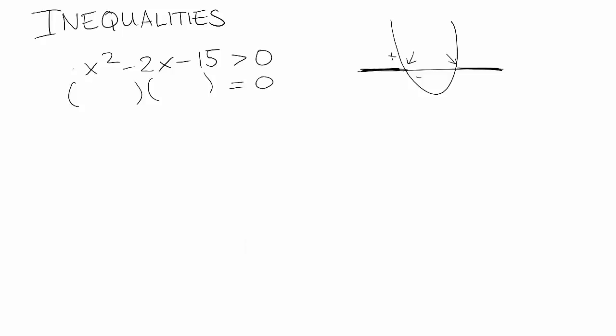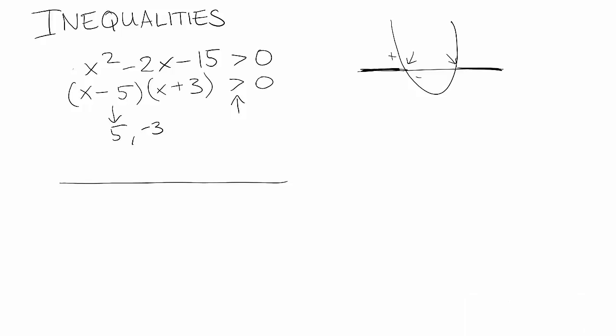So x minus 5 and x plus 3, which multiply to negative 15, and negative 5 plus 3 is negative 2. So keep that as a greater than or equal to. So we factor, and now we can say that at 5 and at negative 3, we have crossing points. So let's explore what happens at those points.